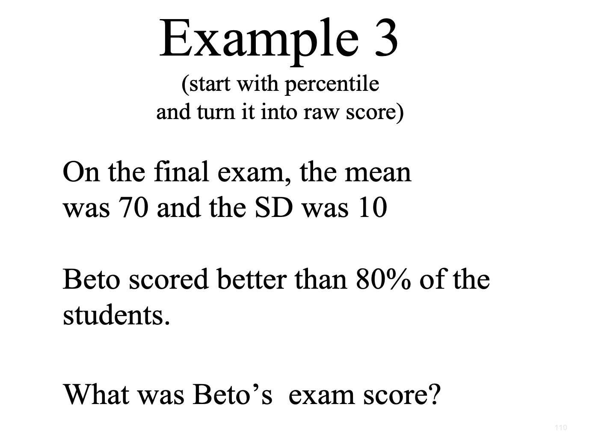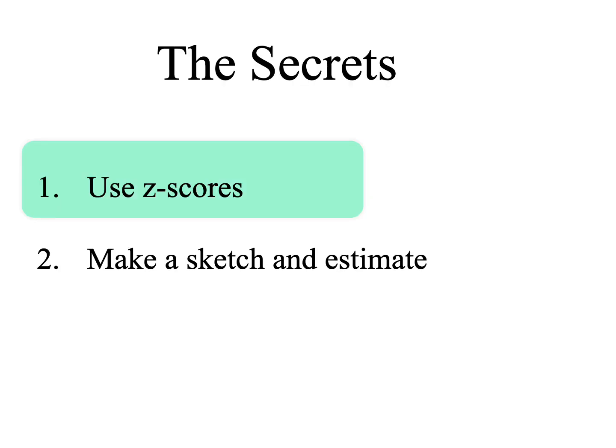So this problem gives us a percentile. Bedel was at the 80th percentile, and it asks what his raw score on the exam was. We are starting with a percentile and we want to end with a raw score. We know that to go from a percentile to a raw score, we have to pass through G-scores in between.